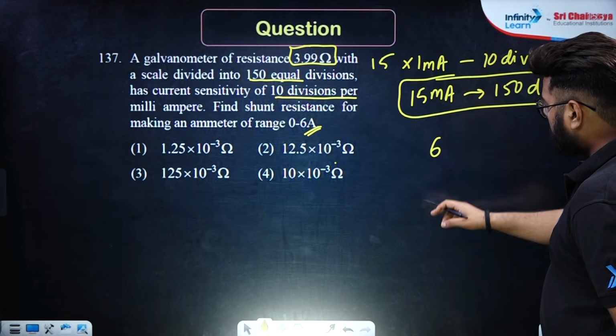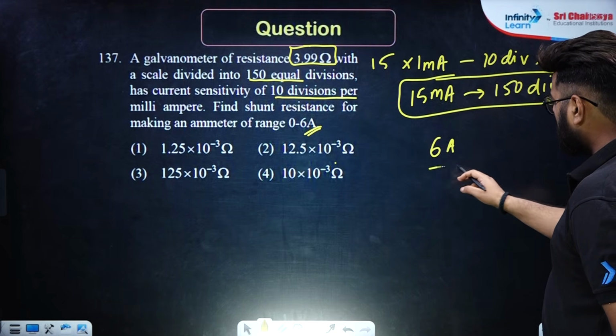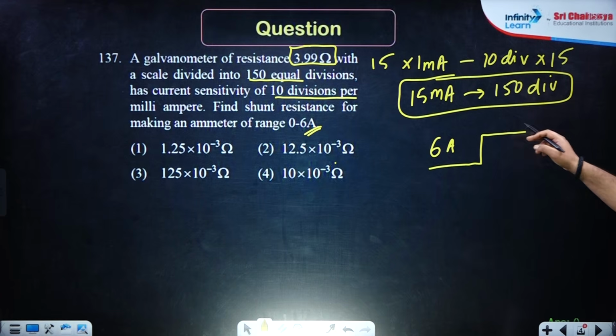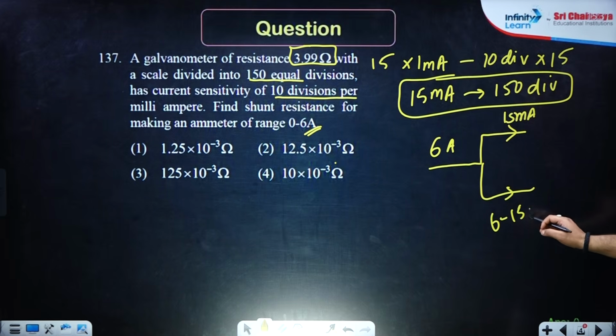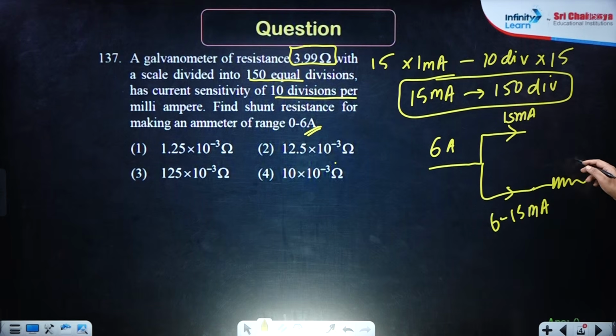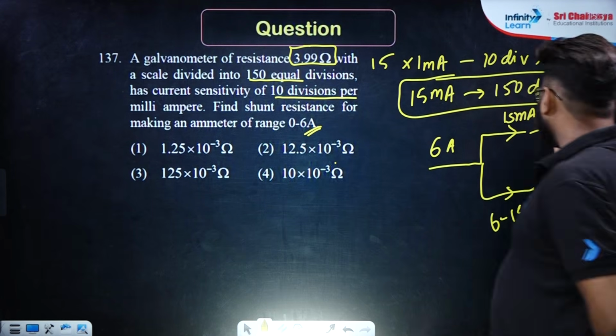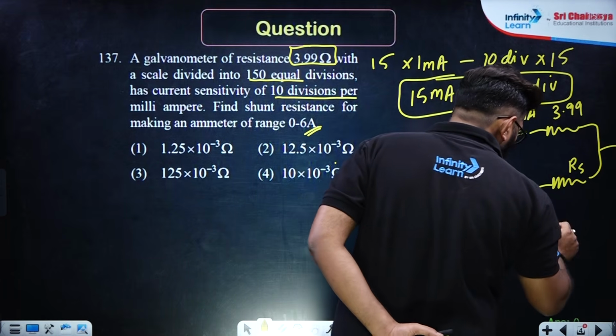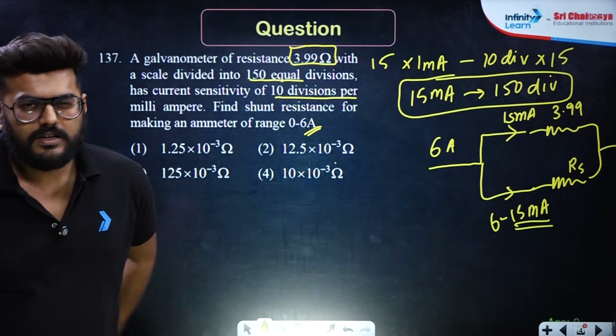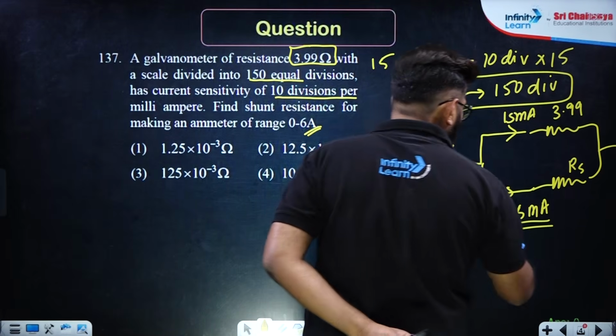So 6 ampere current should flow, out of which 15 milliampere should flow through the galvanometer, and the remaining 6 minus 15 milliampere should flow through the shunt resistance RS. The value of the galvanometer resistance is 3.99, correct? So 15 into 3.99 equals (6 minus 15 milliampere) into RS; you can ignore the milliampere, so 6 minus 0.015 is just considered as 6 into RS.